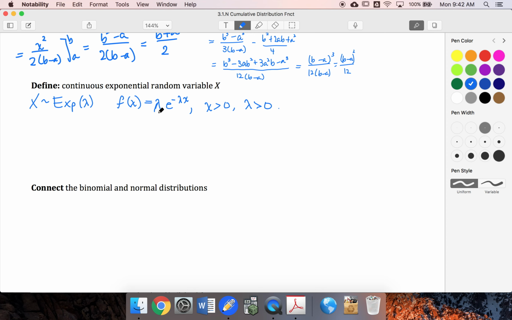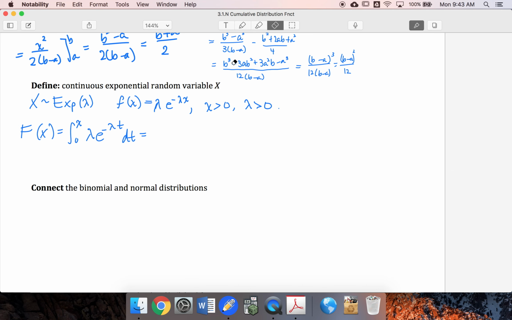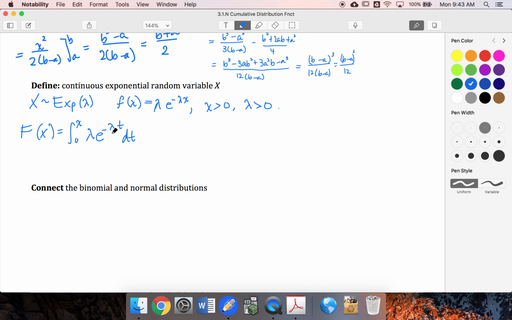So if I want to think about my continuous probability, then my F of x is going to be the integral from 0 to x. And again, I'm going from 0 because my x is positive, so it's 0 elsewhere. Then I'll integrate my function, lambda e to the negative lambda t. I'll divide by negative lambda, so I'm going to end up canceling this out.